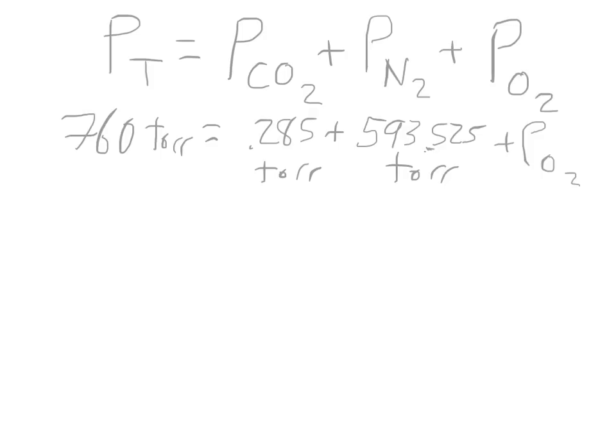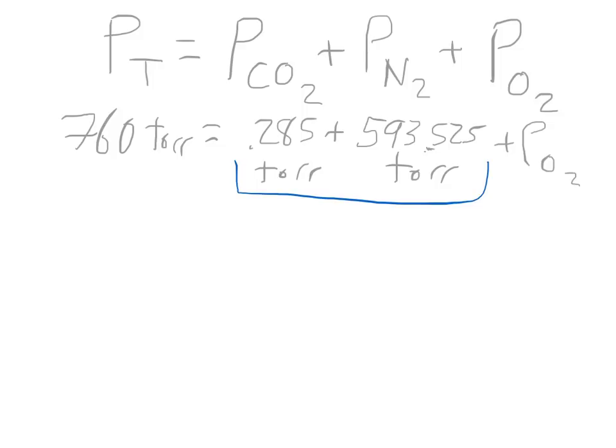On this page you can see it a little neater that the total pressure, 760 torr, is equal to the partial pressure of carbon dioxide, 0.285 torr, plus the partial pressure of nitrogen, 593.525 torr, plus the partial pressure of oxygen, which we don't know. That's what we're solving for. So now it's a matter of just doing the algebra. What I would do is I'd add these two things together first.